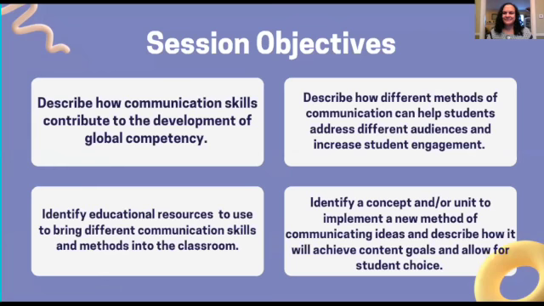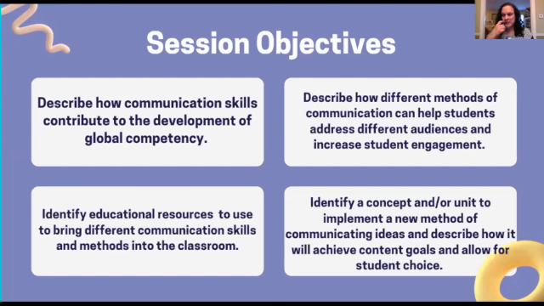We're going to look at different methods of communication and how that can help students address different audiences and also get students more engaged in the lessons that you're already planning.